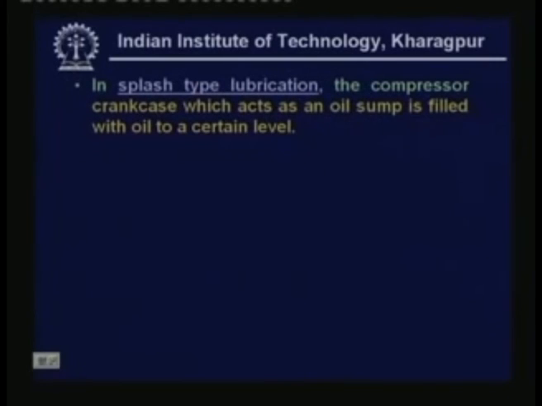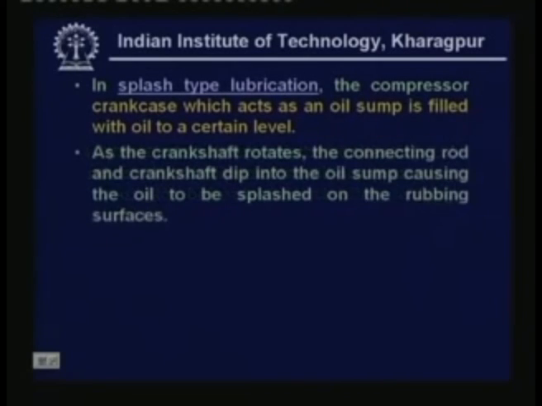And in splash type of lubrication, the compressor crankcase, which acts as an oil sump, is filled with oil to a certain level. As the crankshaft rotates, the connecting rod and crankshaft dip into the oil sump, causing the oil to be splashed on the rubbing surfaces. As the name implies, every time the crankshaft and connecting rod rotate, they get dipped into the oil sump, pick up some oil, and splash it onto the rubbing components.